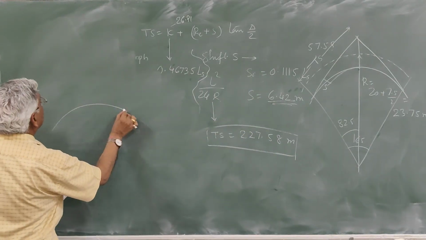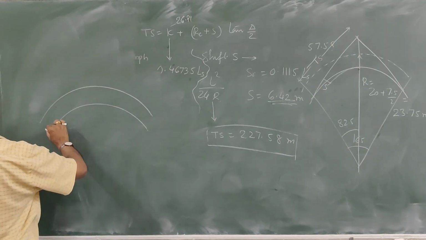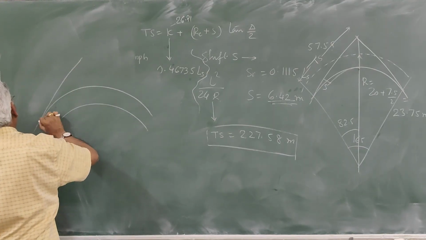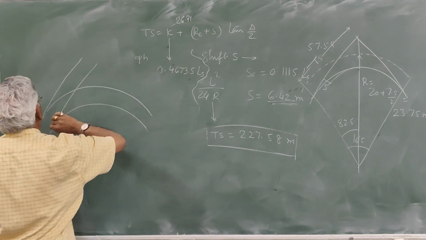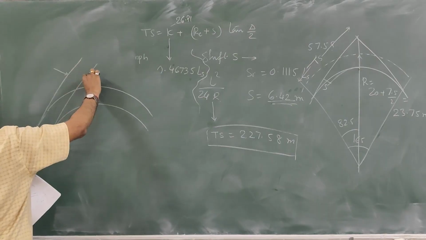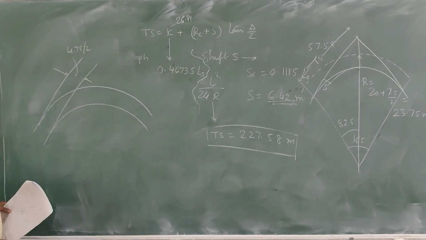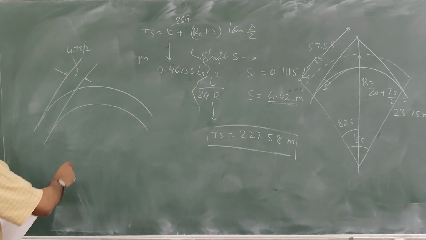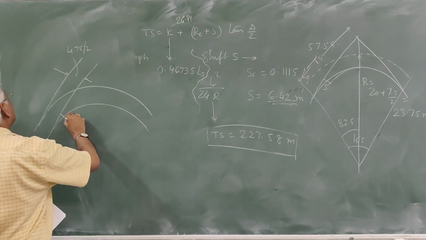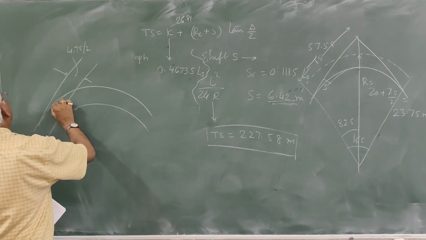You have an inner curve and you have a middle curve. And this is the tangent of the middle curve, and that is the tangent of the inner curve. This distance is 4.75 by 2, that is the width of the road here. And let us say this is the shift of the inner curve and that is the shift of the middle curve.